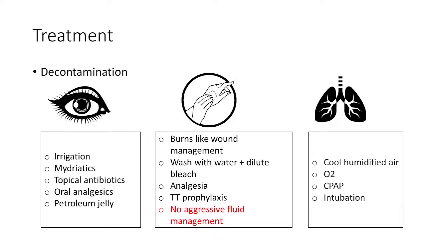Fuller's earth. And you can also use bleach, sodium hypochlorite in a diluted form, 1:10 dilution. The household bleach should be diluted to 0.5% and you can use that also. TT prophylaxis, fluid management, antibiotics.